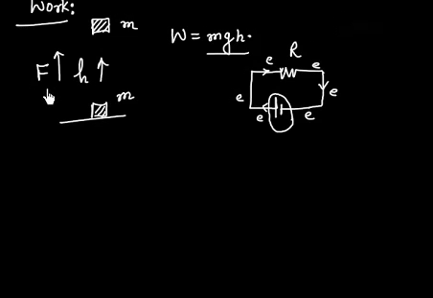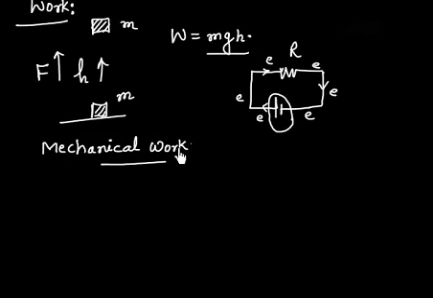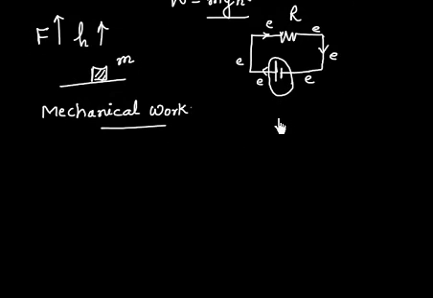In this case too, some external agent is doing work. The first kind of work is generally called mechanical work, and this kind you can call electrical work, or also chemical work, because the energy is coming from chemical changes.